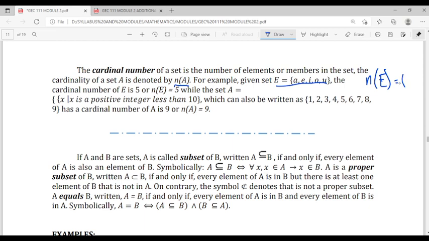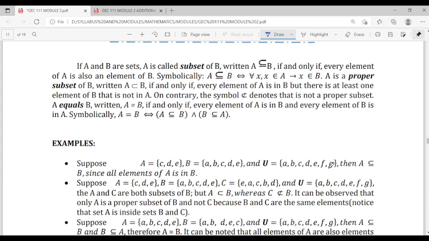We have 5: 1, 2, 3, 4, 5. How about x is a positive integer less than 10, which is 1, 2, 3, 4, 5, 6, 7, 8, 9. How many is the cardinal number? We have 9. That is how we get our cardinal number.